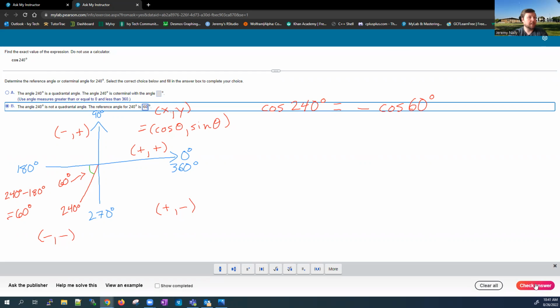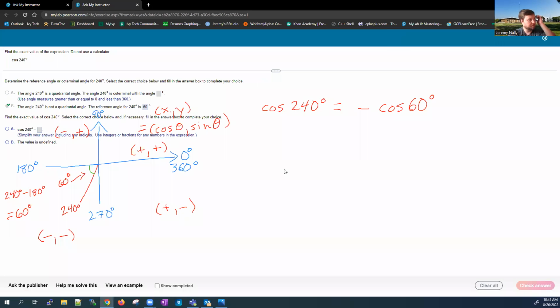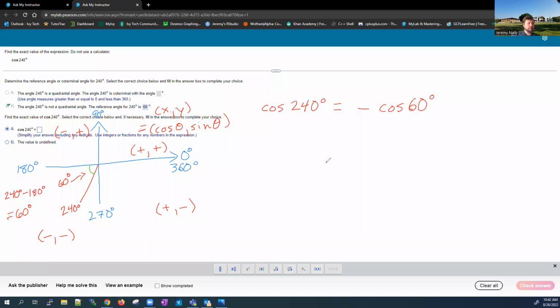Okay, and I kind of got ahead of myself. So we got the reference angle. And then the exact value, so if you don't have cosine of 60 degrees memorized yet, there's a scheme for the unit circle.